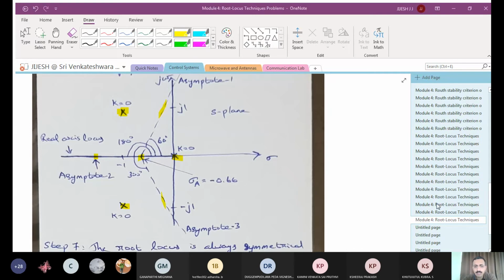You can try that. Put it in the calculator, and when you are putting it in the calculator, make sure that you put the brackets properly. When you do that, you will get the value of k as 0.5297 plus or minus j 0.412. All of you can solve it.